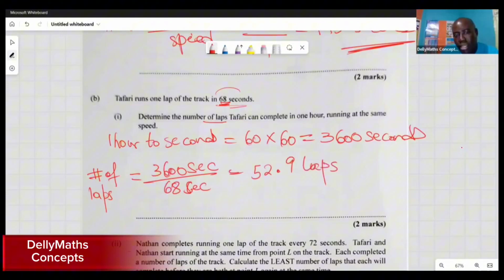But remember the context of the question: determine the number of laps Tafari can complete. That's the word, complete. He's completing 52 laps here because time would have run out before he finished the 53rd lap. It's very near, but he would need more time to do 53. So he had completely done 52 and didn't finish the other part.